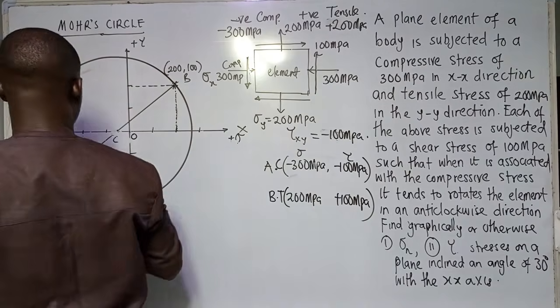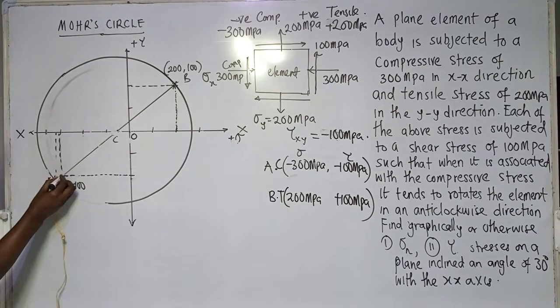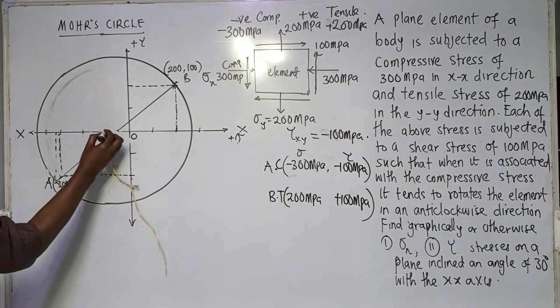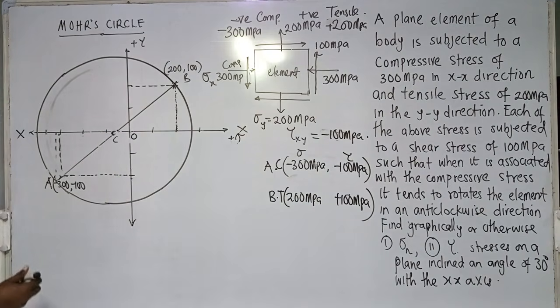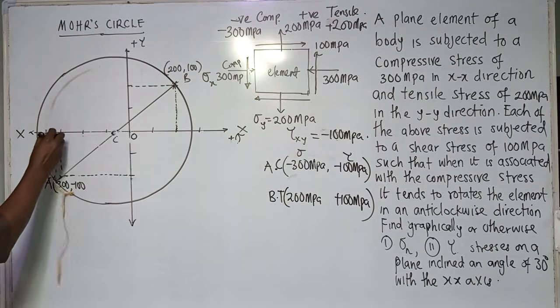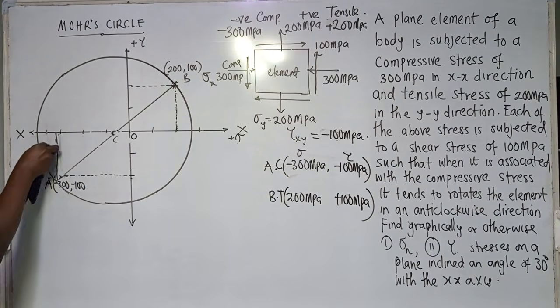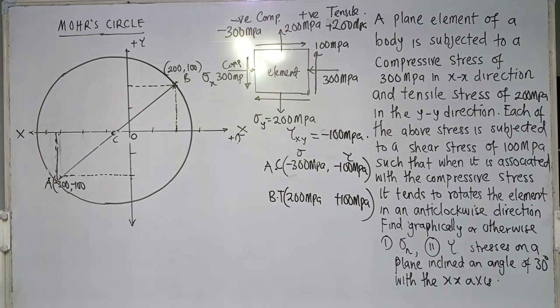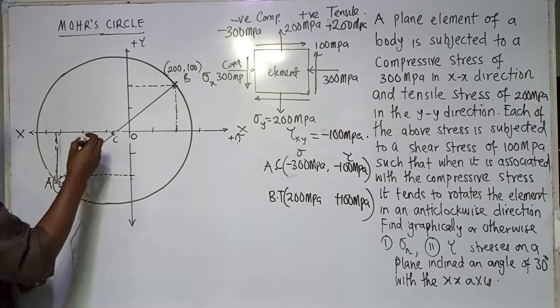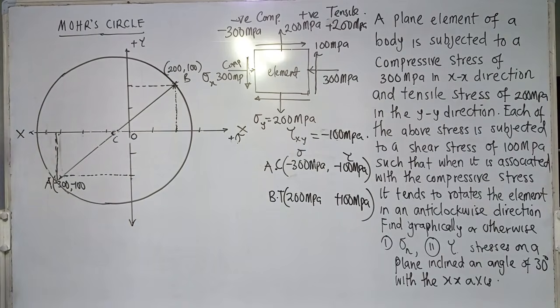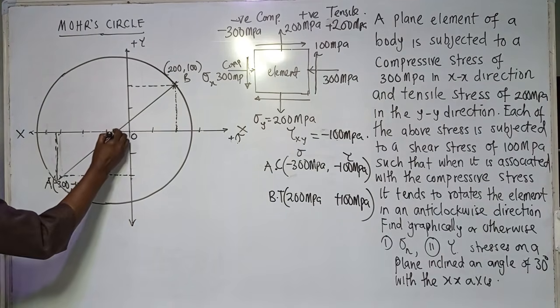Let us just adjust it a little. Let's leave it like that. I think we have something close to perfect. Now this is the Mohr circle. This is the origin, and this is the center.